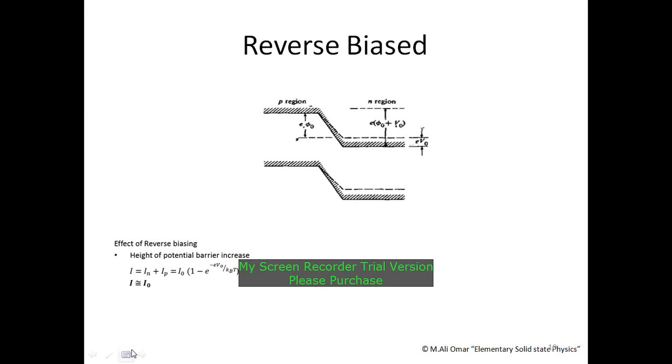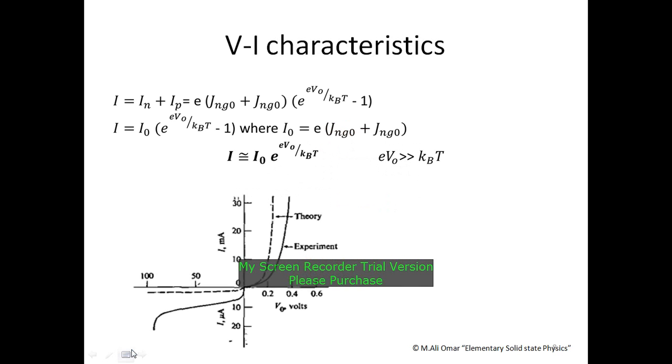If we follow the same derivation as for the forward bias, what we get is that the total current has the same form with I naught. If we go back and see the VI characteristics, in the third quadrant we have a constant relationship, as we can see here.